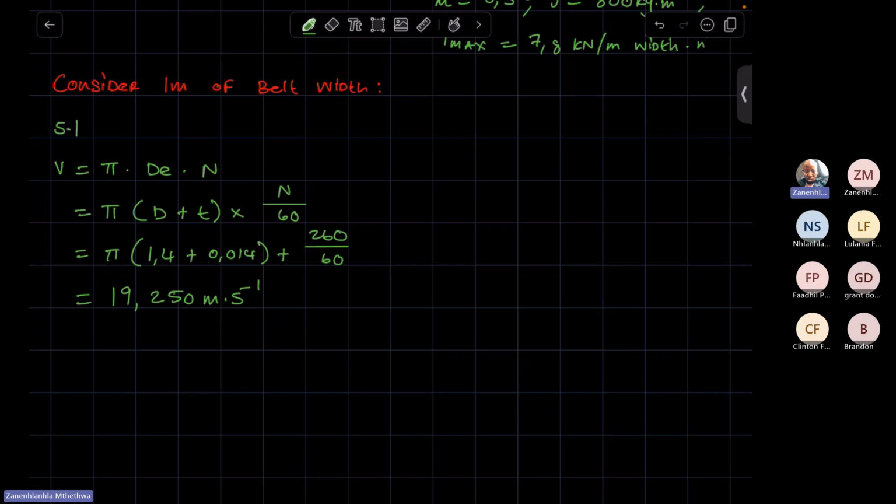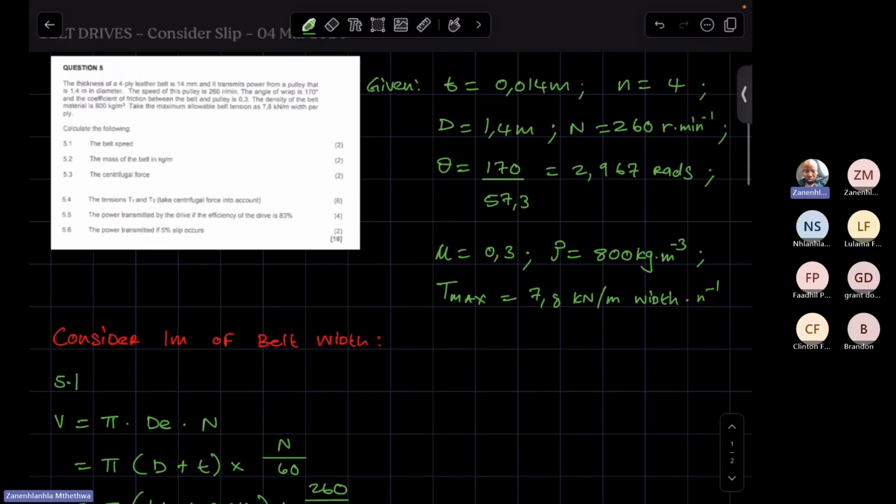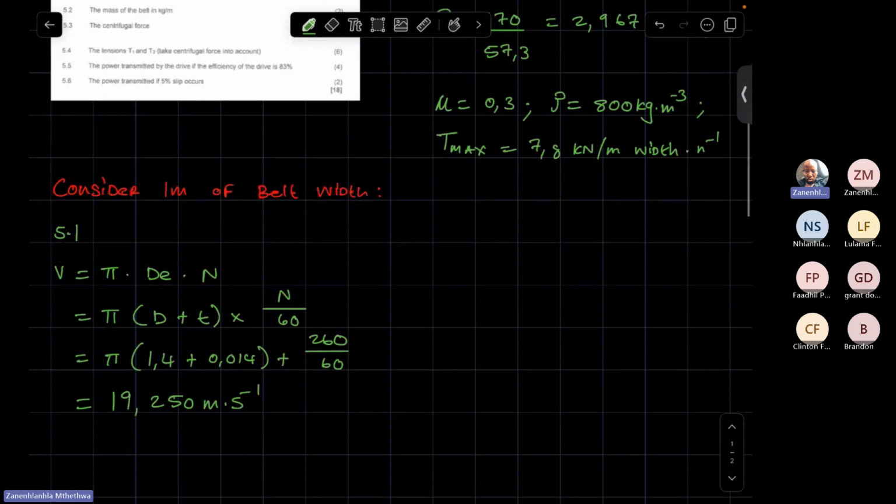Just in case you miss that instruction, the fact that you are used to rounding off to 3 decimal places would actually help you in the exam. It won't necessarily count against you. So we've calculated the belt speed.